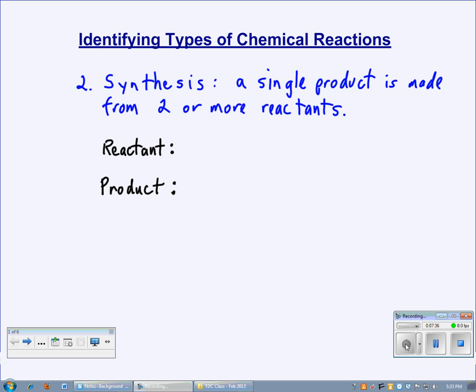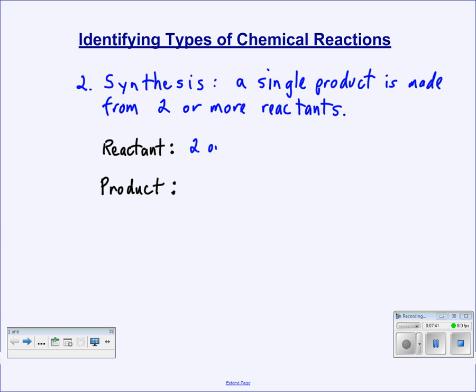In a synthesis reaction, on the reactant side, we would expect to see, again, two or more elements or compounds. Now, in our class, we're mainly going to be seeing two or more elements. Predicting the products of synthesis reactions where two compounds come together, much more difficult, much harder to predict.